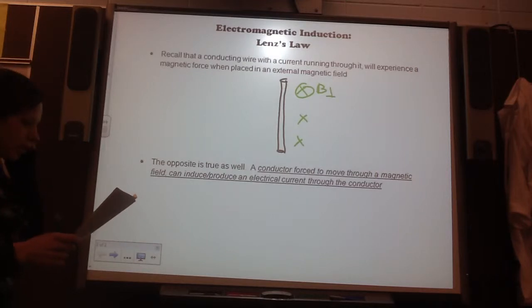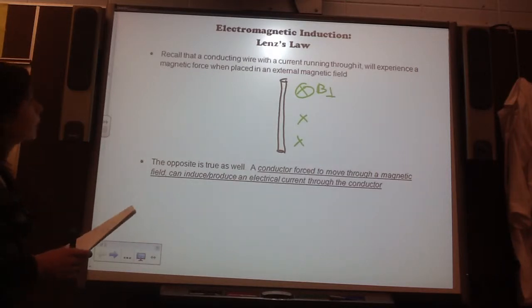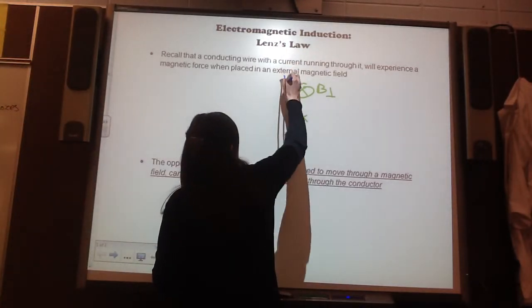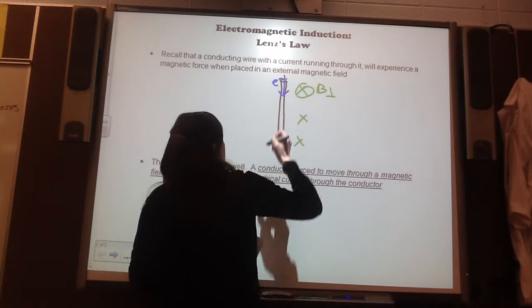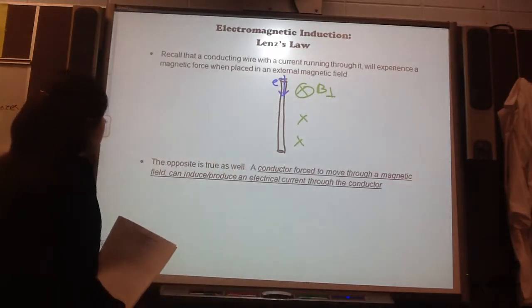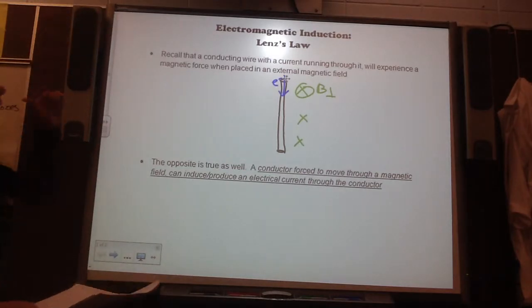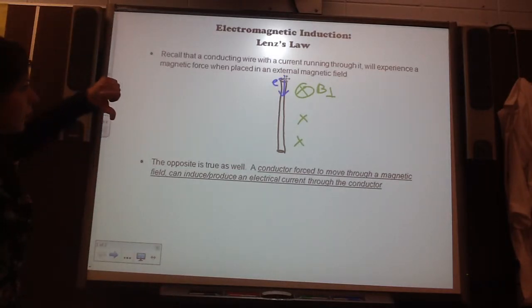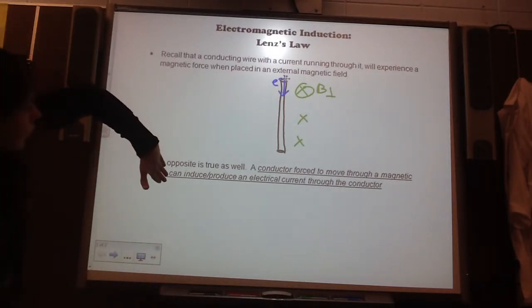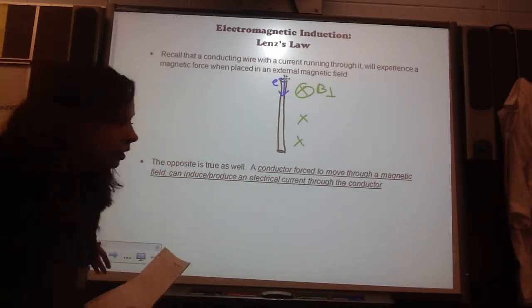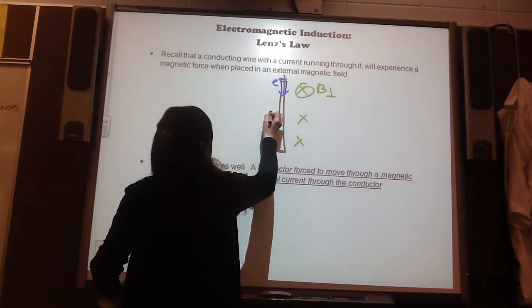If my conducting wire has a current running through it, let's say the current is going down like that, it will experience a magnetic force. Since this is electrons, we use our left hand: it's going down, my magnetic field is going in, so the force experienced is this way. Okay? So we've done that.